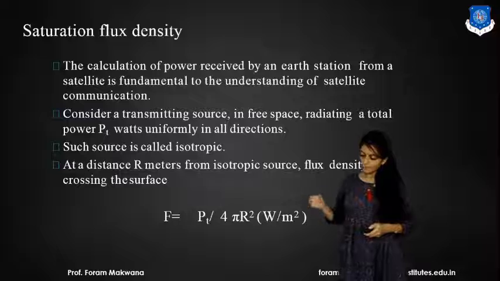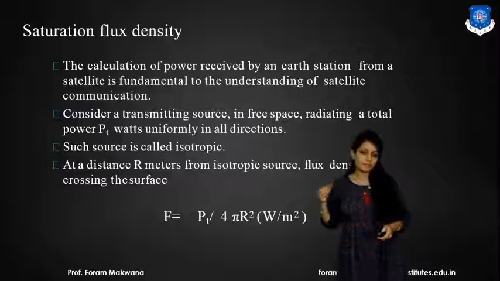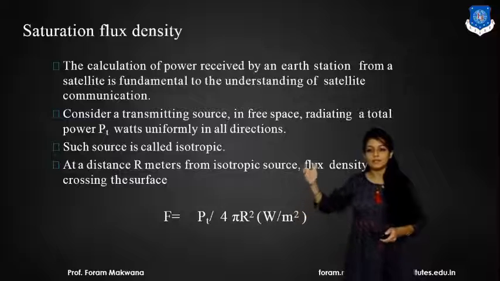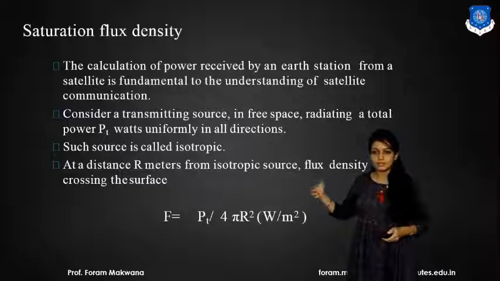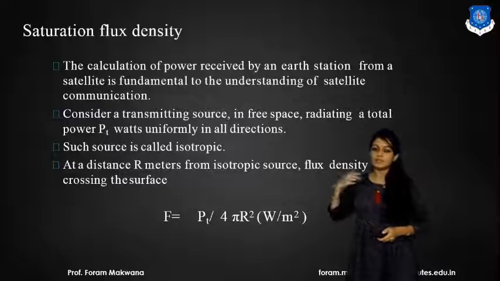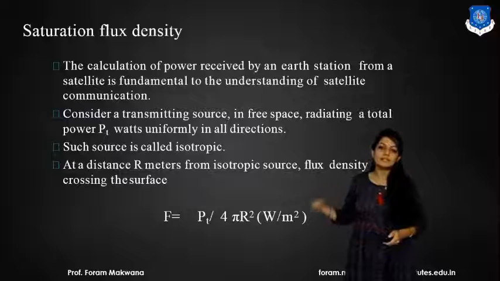That source is called isotropic because it transmits the signal equally in all directions. If we need to measure the received power at a distance r, we need to calculate the saturation flux density. It is nothing but the received power at a certain distance.